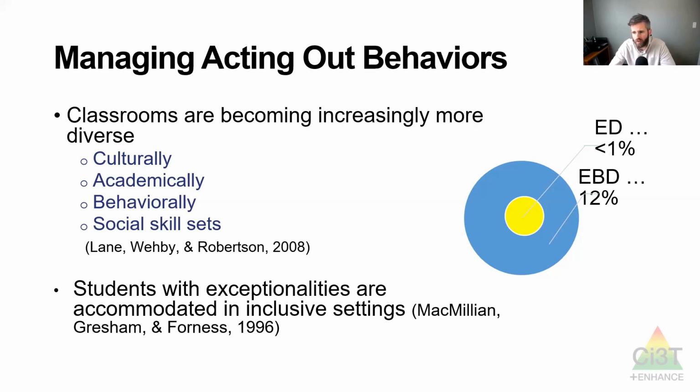Traditionally, a very small number of students have actually been served in special education for emotional disturbances. However, we know that quite a few more students than are actually served in special education for this kind of difficulty engage in difficult behaviors that might put them at risk for what we call an emotional and behavior disorder, or some kind of behavioral pattern that might interfere with their success at school.